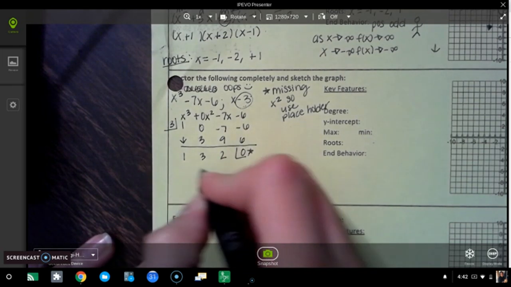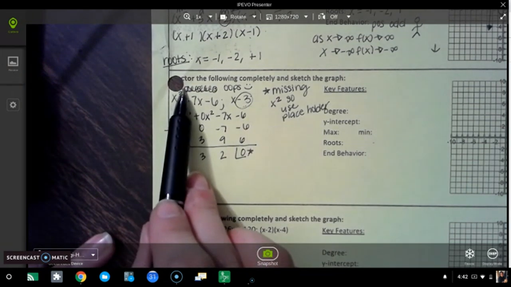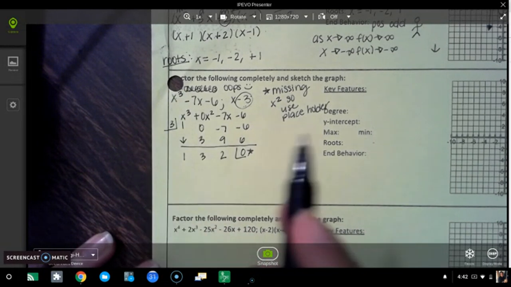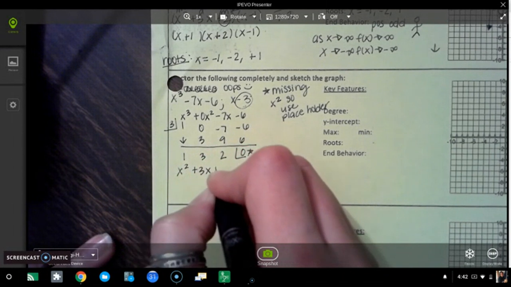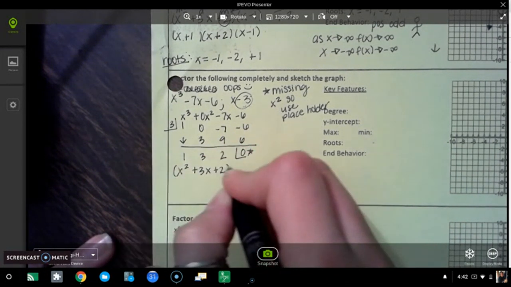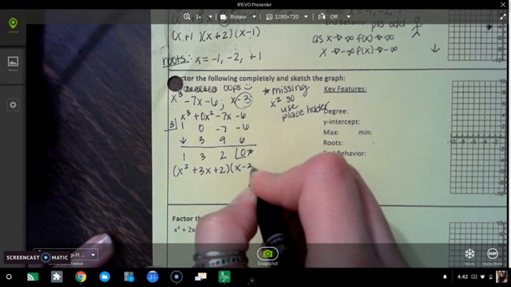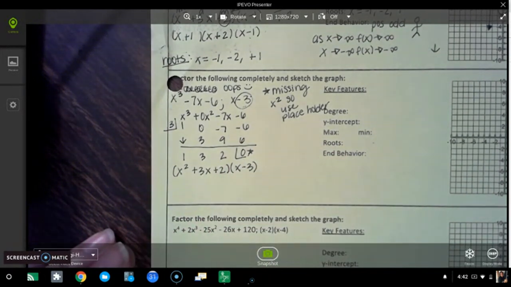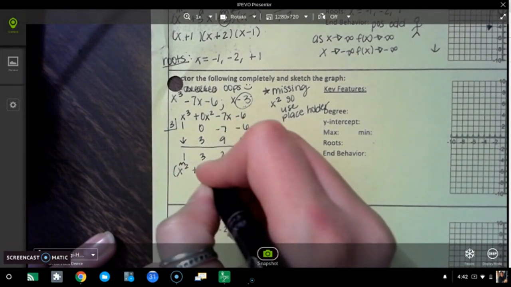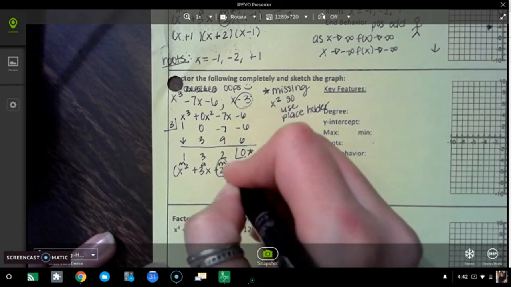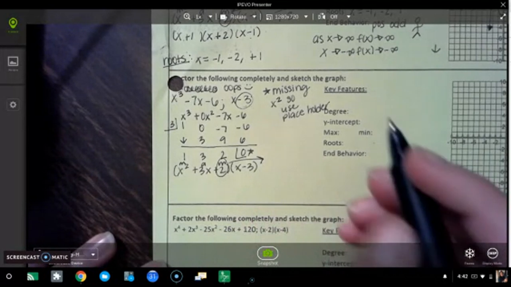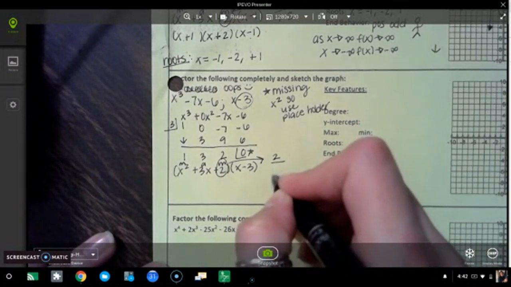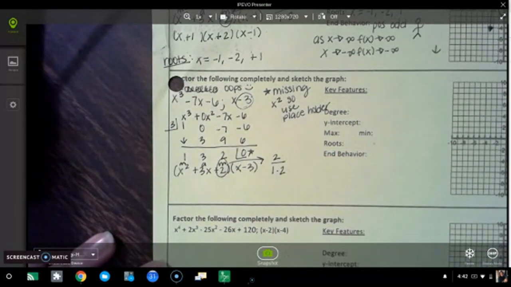Okay. But I need to now take this one, and if it was an x cubed, we can now write it as an x squared. So x squared plus 3x plus 2 times my factor x minus 3. In order to be able to graph it, we have to MAM it. Okay, so we can pull this guy over here, and we're going to get 2. 1 times 2.